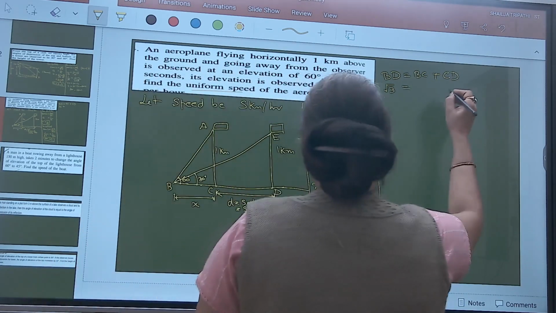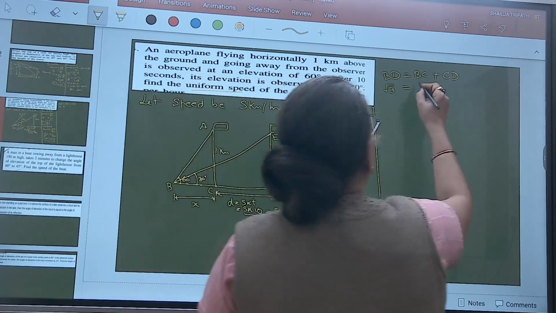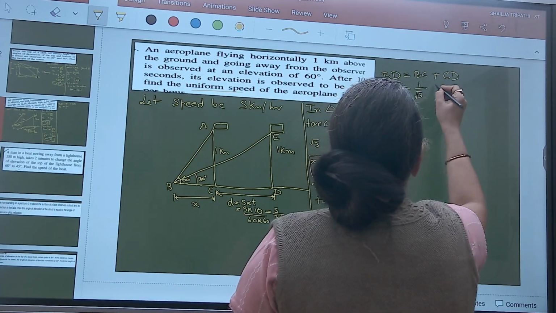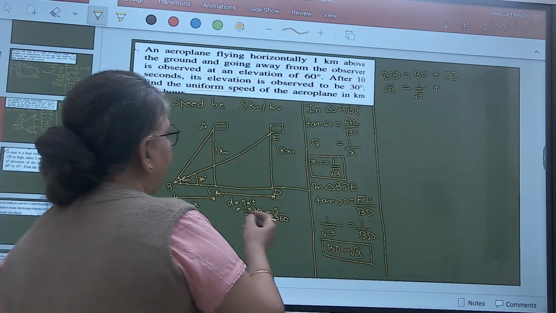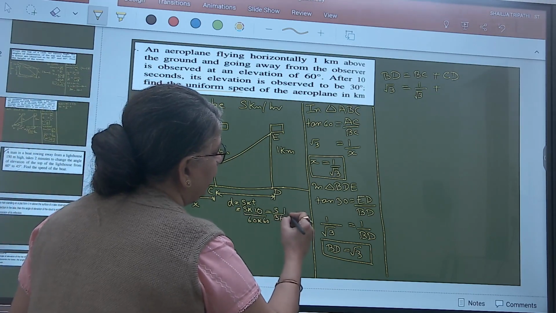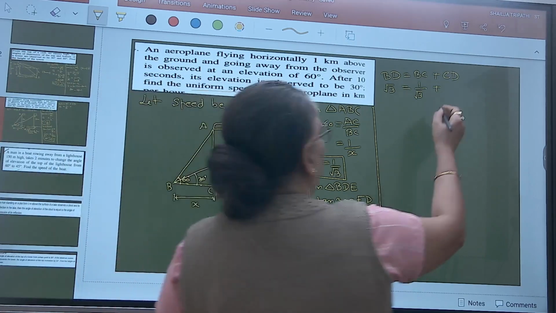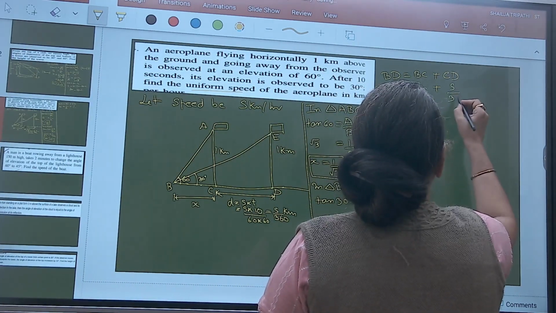BC is x and the value of x is 1 upon root 3. CD is S upon 360 kilometers that we have found out here. So we'll put S upon 360.